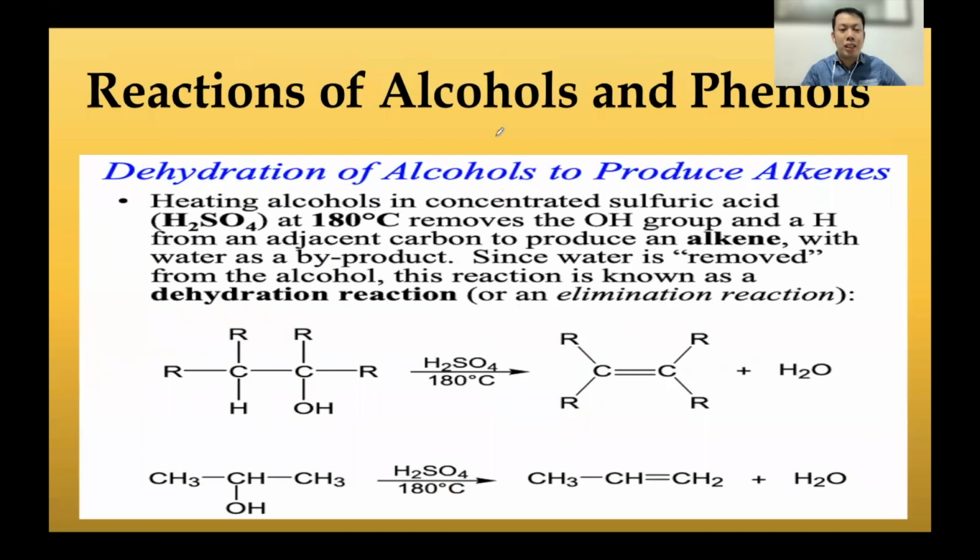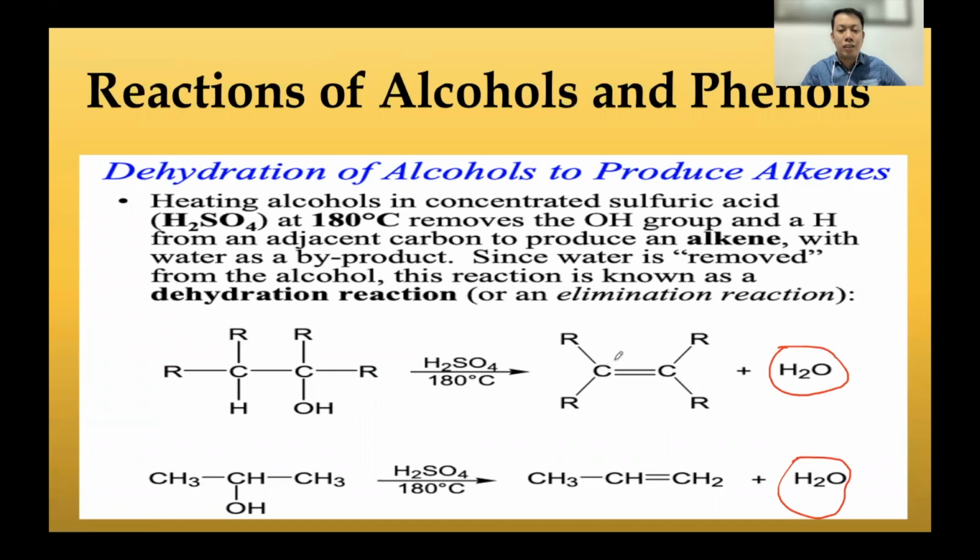So we have here dehydration of alcohol to produce alkene. Dehydration, because you will be able to get water from the structure. For example, you have here water and another water at the bottom, and then the alcohol underwent a chemical reaction.